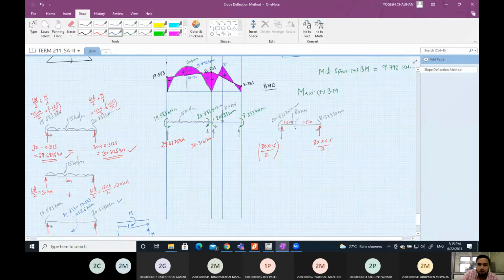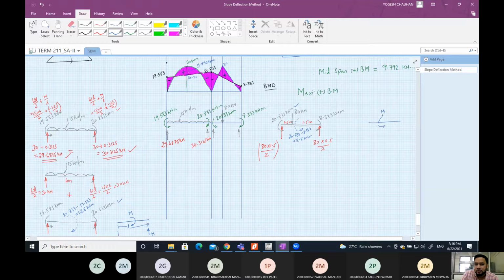So this will try to rotate the beam in anti-clockwise direction, and the net bending moment will be 20.833 minus 8.333. That means 12.5 kilonewton meter. So this is like your beam subjected to anti-clockwise moment M.